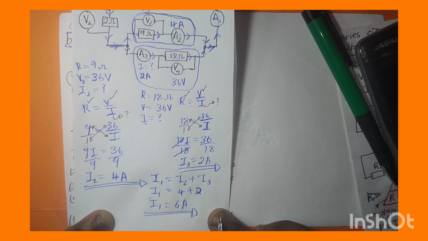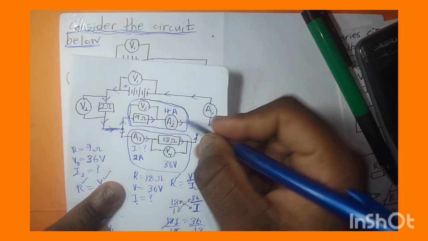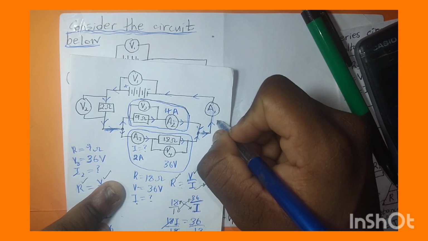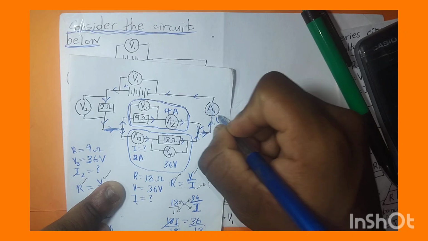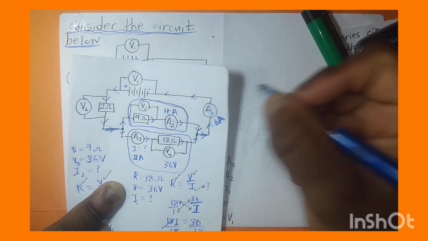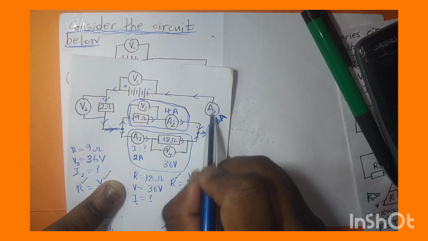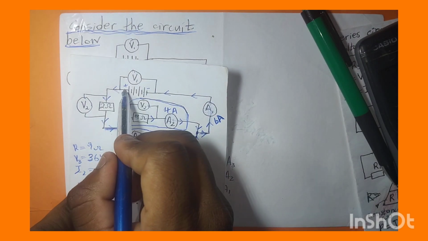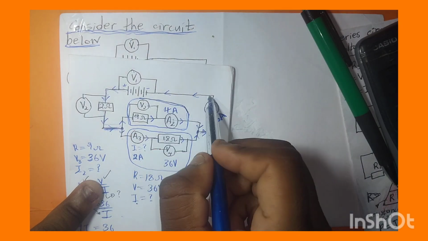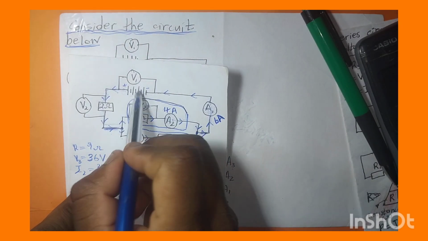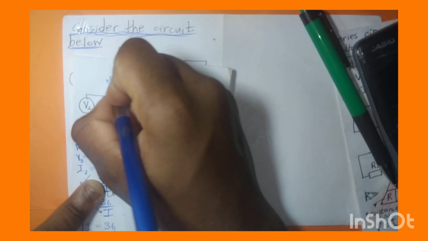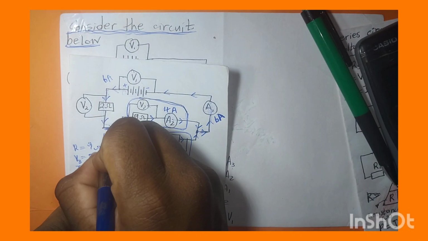Do you see? So that current, guys, is the one which is reading on the ammeter A1, which is 6 amperes. And also this current, by the way, is the same as the current which is passing through here. That current is the current that is supplied by the battery, which is 6 amperes. Even here it's 6 amperes.